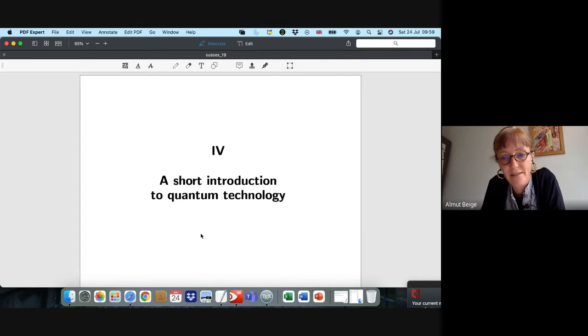This is exactly the physics that people are now exploiting when they develop new quantum technology. So what I will do for the next few minutes is give you a very rough, quick introduction to quantum technology and quantum computing, and then we will see how the effects of macroscopic quantum jumps and double slit interference can be used to implement tasks in quantum computing.